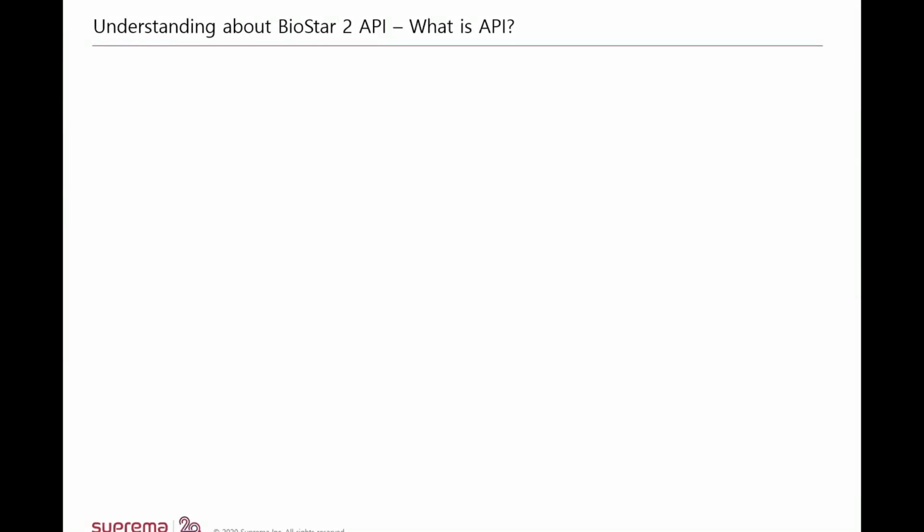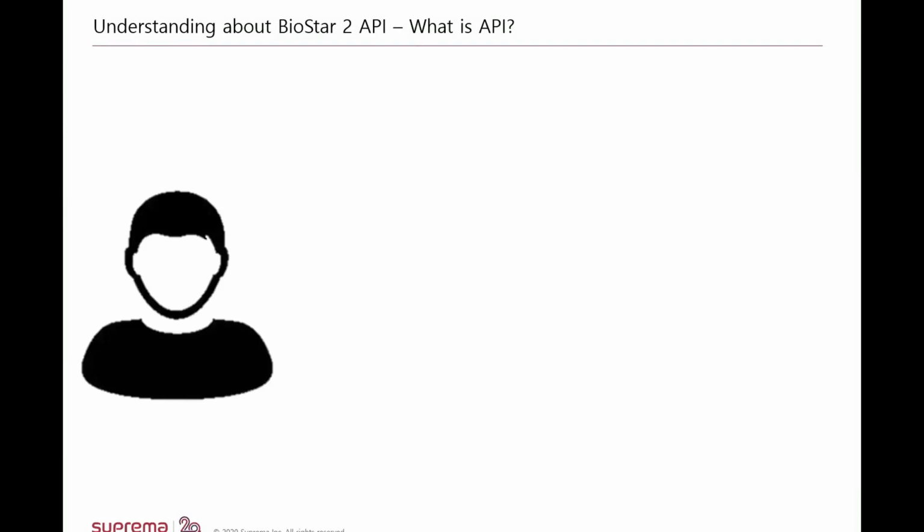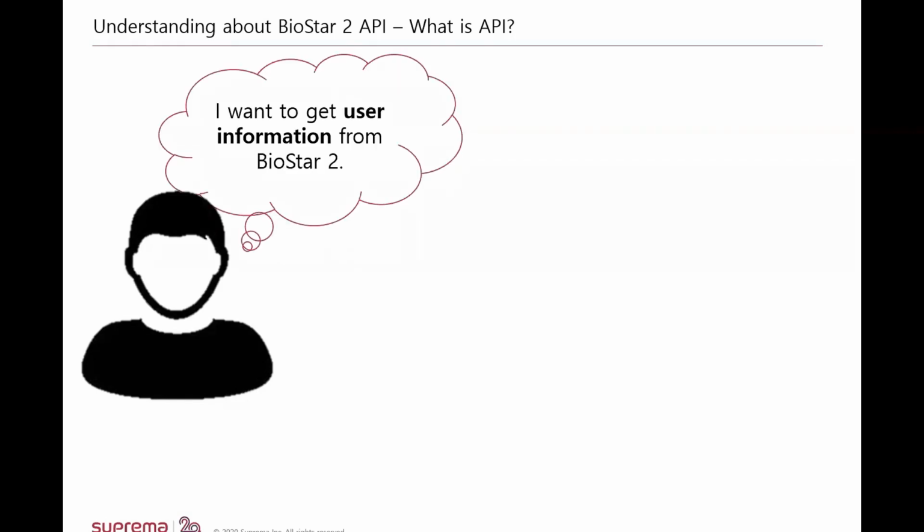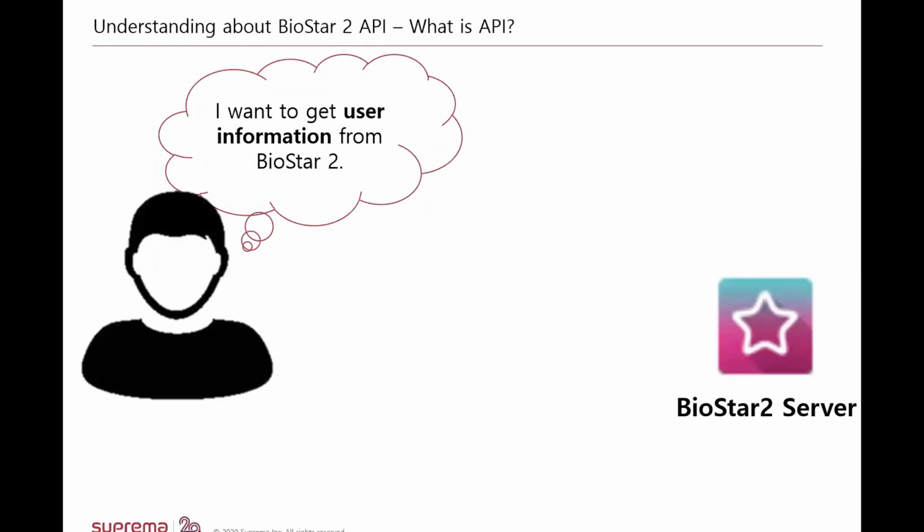For example, there is a situation where third-party software and BioStar 2 are integrated. If there is a need to retrieve user information in BioStar 2 from third-party software, the third-party software and BioStar 2 do not communicate directly.